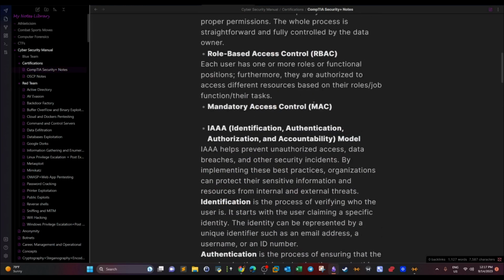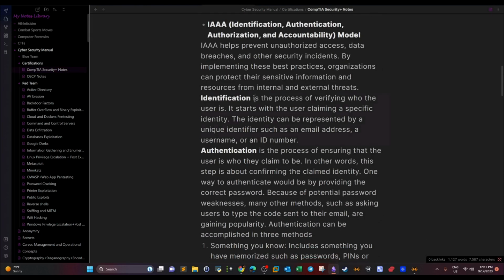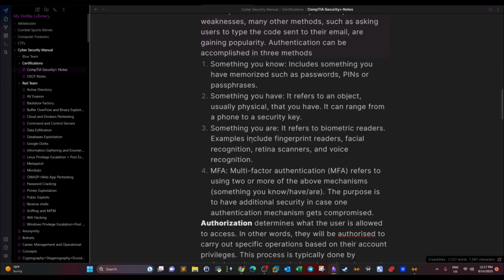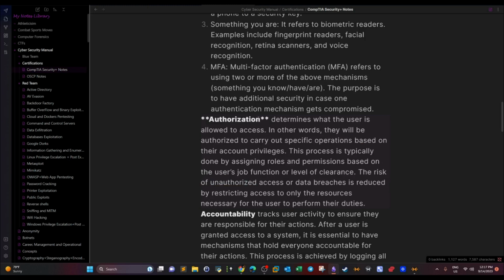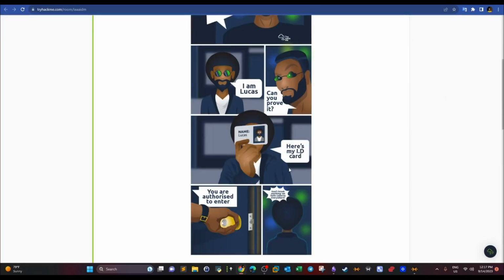So access control here, guys. First we identify you, we authenticate you, and then after you are authenticated, there are policies that set what you are authorized and what you are not authorized to do. This is authorization. This sets your permissions and privilege levels. In the example here, you are authorized to enter only the facilities shown here.